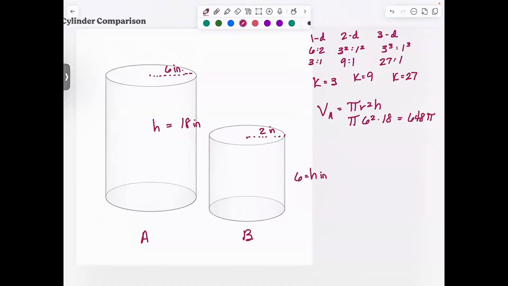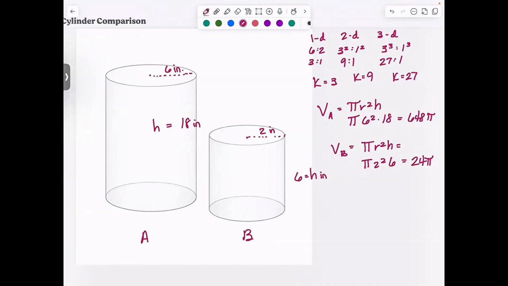Pretty big. Now, volume of B. Pi times 2 squared times 6. Okay, 24 pi. So if we take 24 times 27, I do get 648.